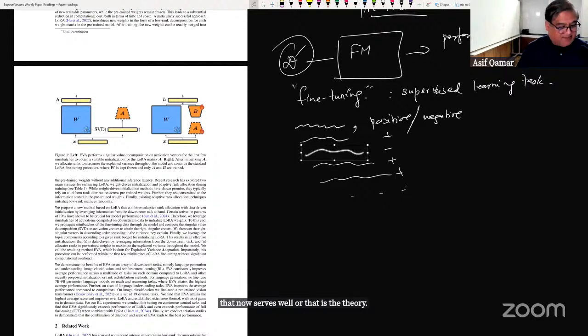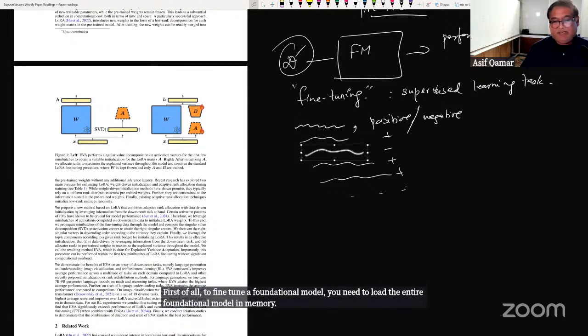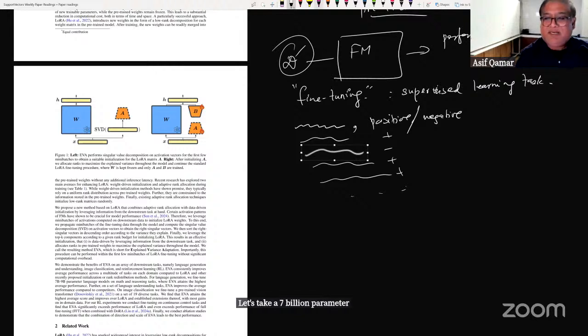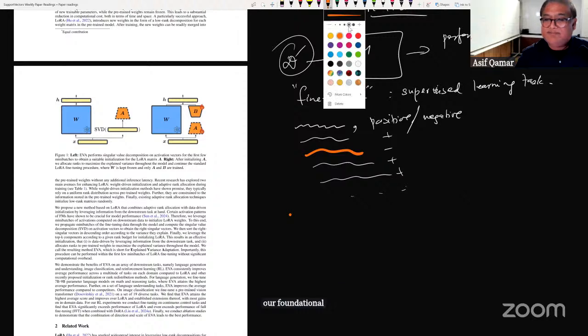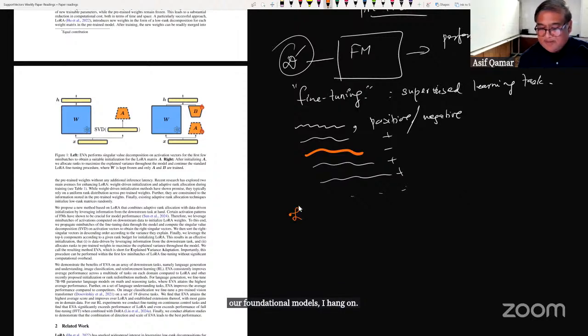However, in practice, there are quite a few problems in trying to fine-tune, in the traditional sense, a foundational model. First of all, to fine-tune a foundational model, you need to load the entire foundational model in memory. Let's take a 7 billion parameter model. So I am speaking now to the limitations of this approach that we are describing.